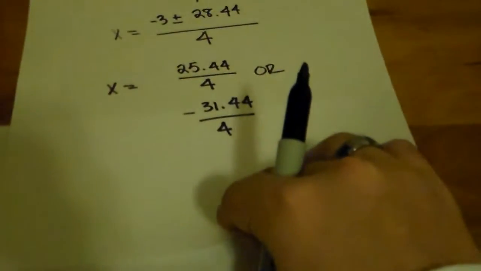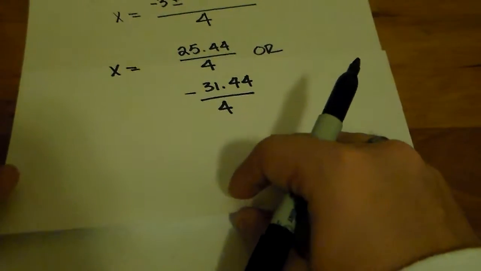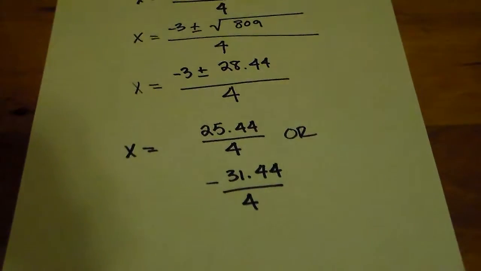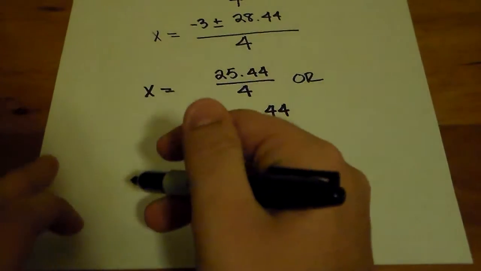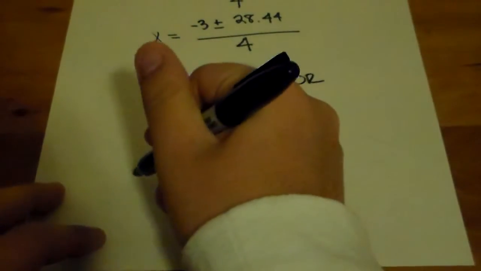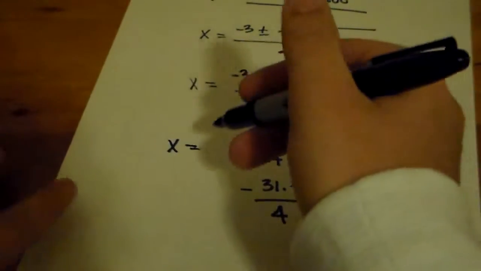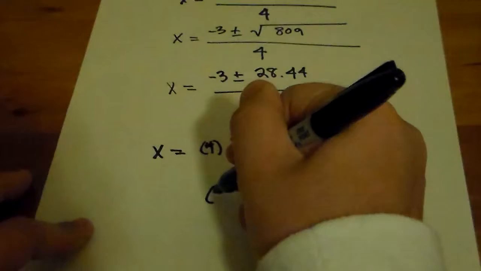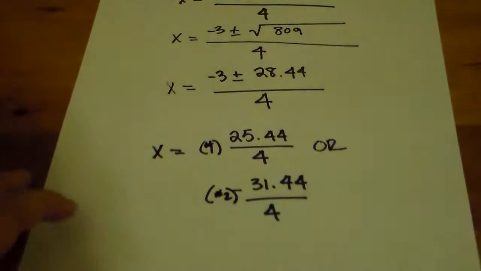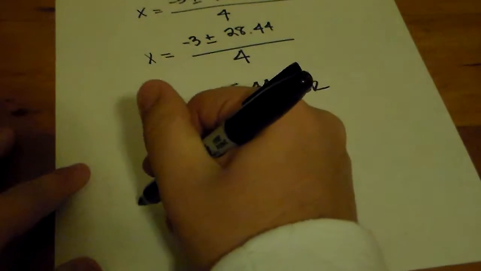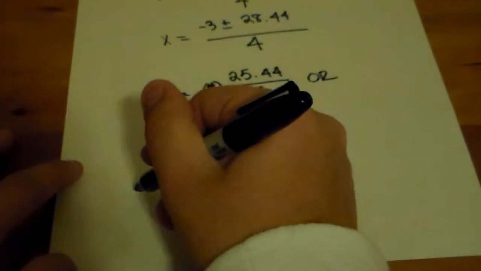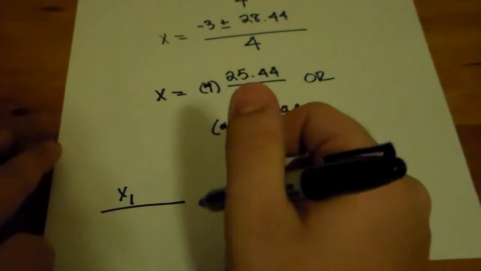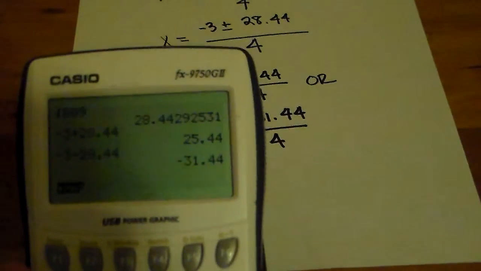So, to make it simpler without using the numbers, we're going to call them x1 and x2, and we'll simplify through the calculator.